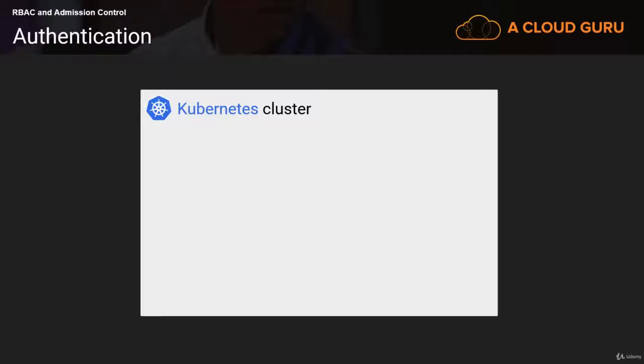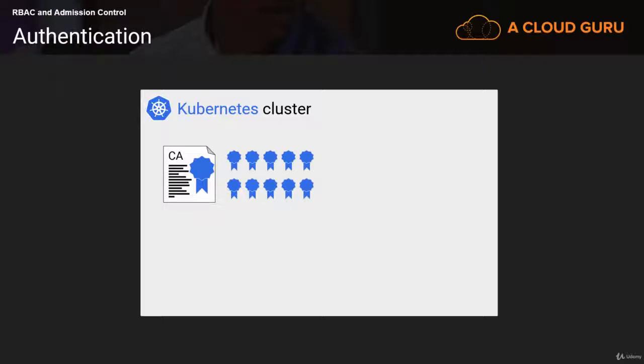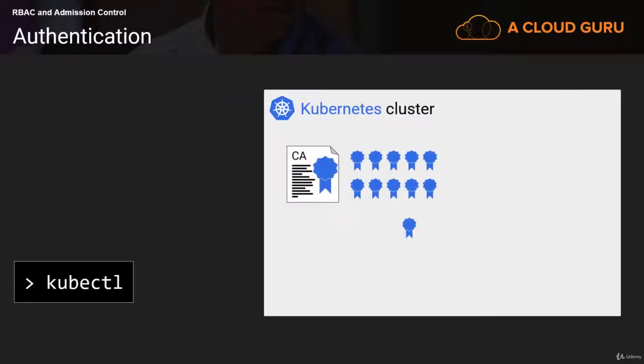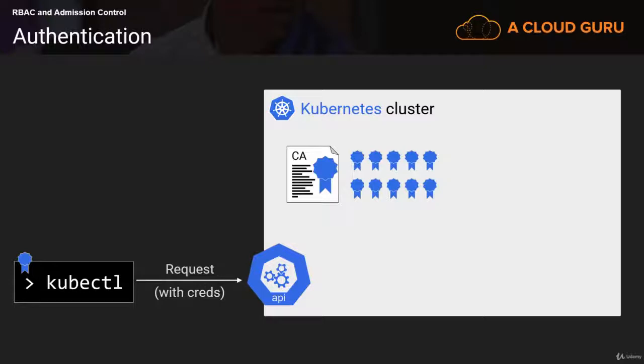Every cluster I've ever worked on gets a CA. You can use that CA to mint user certificates. You embed usernames in the CN property of the certificate, and any groups get listed as organizations, or the O property. Then you create a kubectl context so that your certificate gets embedded with all future commands. Then when you post your requests to the API server, it checks your embedded cert against the CA and says, yep, that's one of ours, or no, not created here.